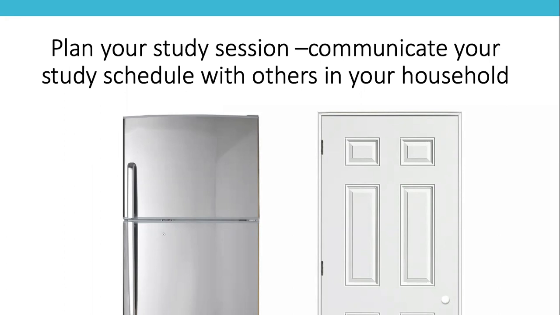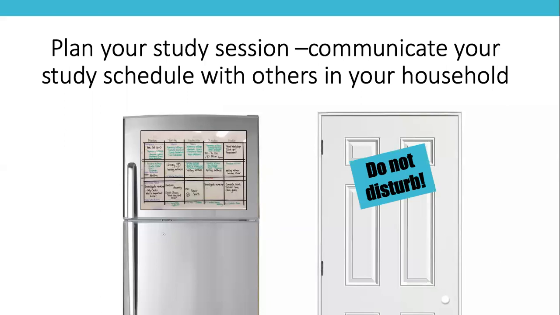You want to make sure you have an opportunity to share your schedule with the people that you live with. What we have here is an idea of how to communicate that with the people that you live with, so that there's uninterrupted time and you're able to study for unbroken chunks of time.